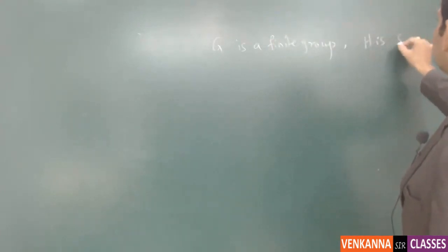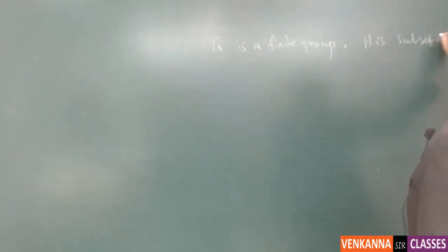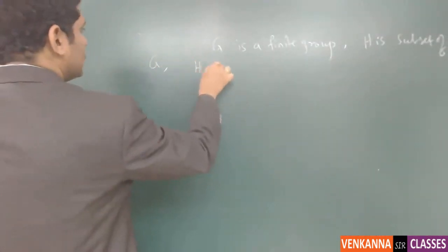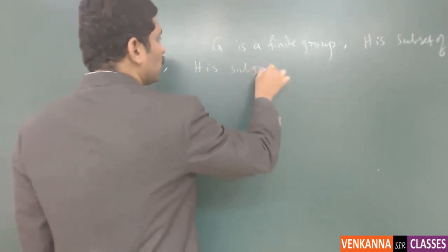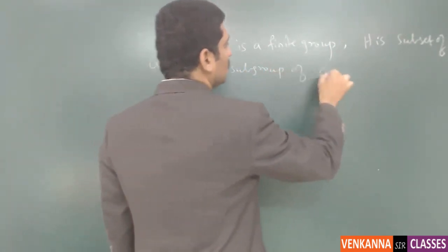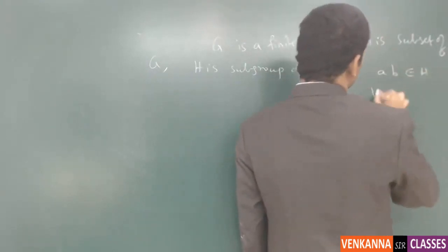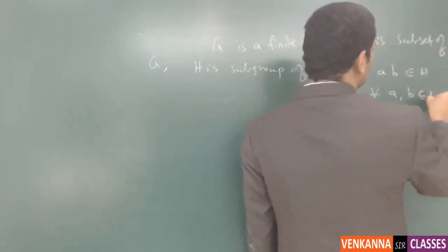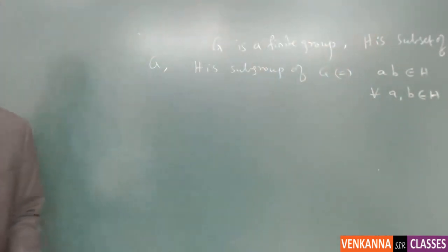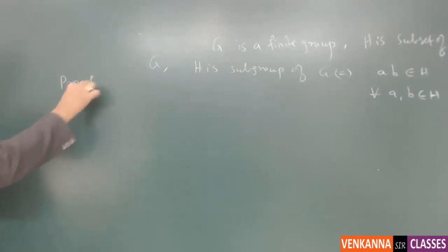H is subset of G. So H is subgroup of G if and only if AB belongs to H for all A, B belongs to H. Now let us prove it. It is also one of the previous UPSC questions. Around 95 to 2000 it was asked in between.